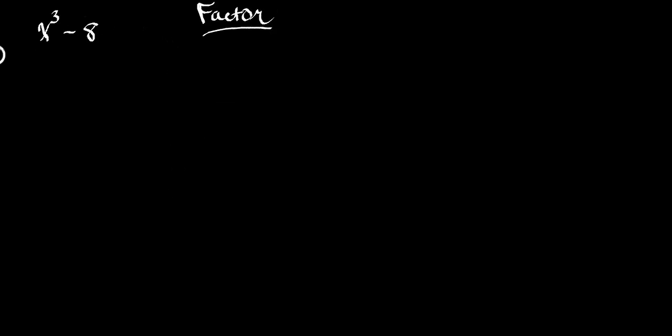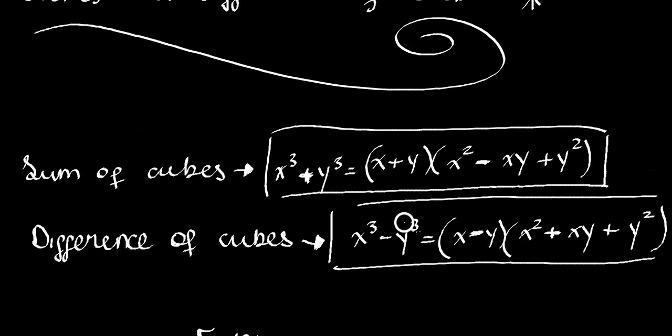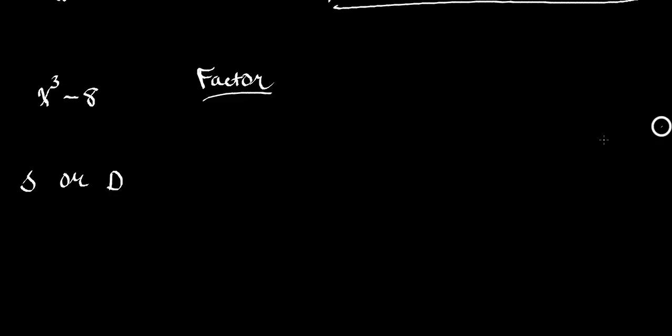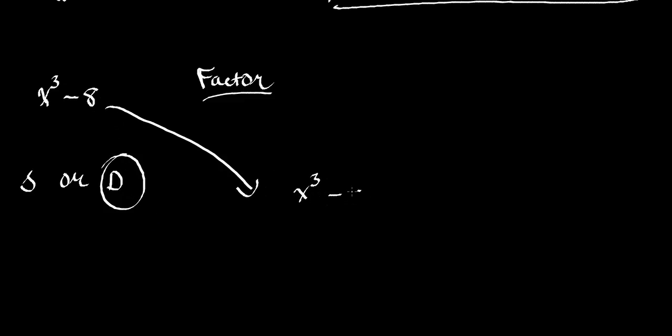So on my first step, when I teach this, what I first do is think, what am I doing, the sum or the difference of cubes? Which rule am I going to follow? Well, you are subtracting, right? We are subtracting two things. That means we're doing the difference of cubes.